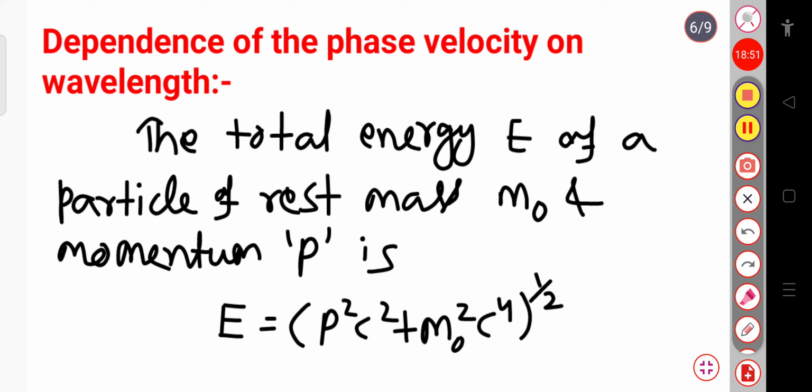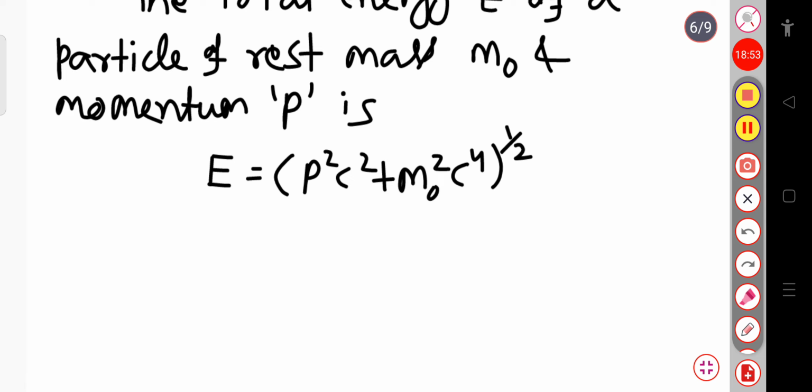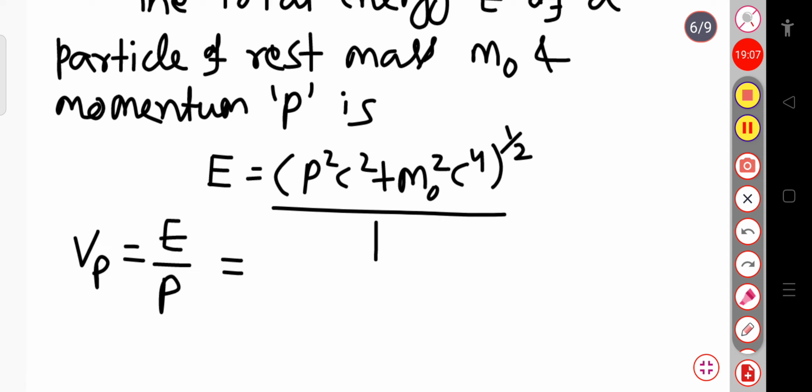And here we want to calculate the phase velocity Vp, that is equal to E by P. So let us divide by P on the right hand side. If I take the square root, I can write P square and the power will be 1 by 2, so the 2 and the 1 by 2 cancel and we get the original expression.